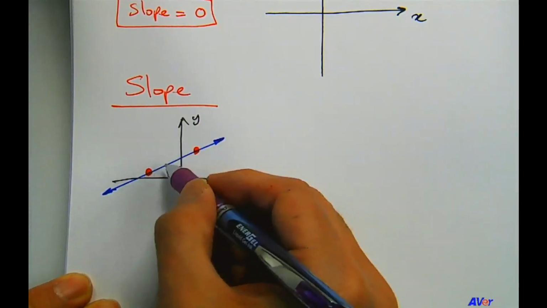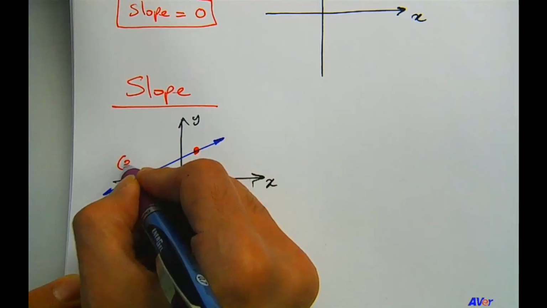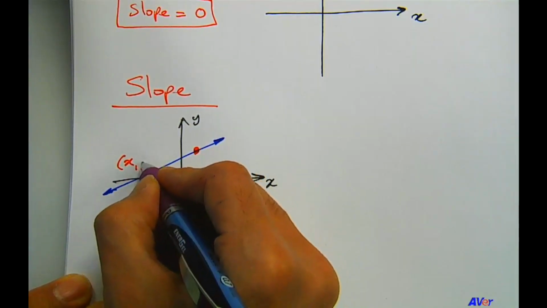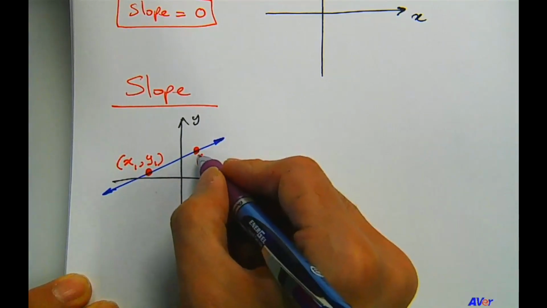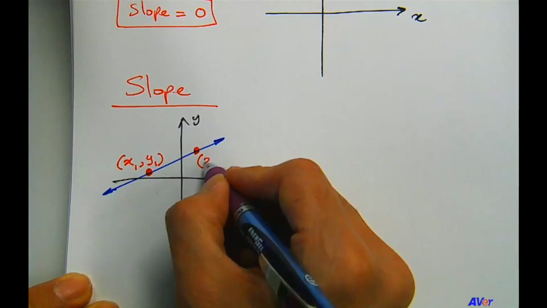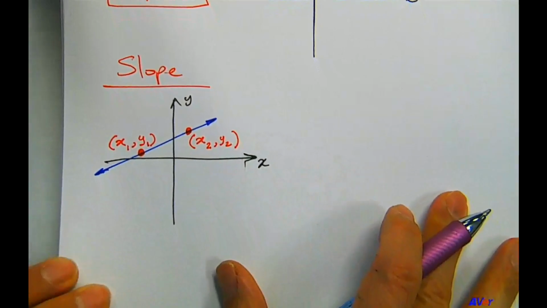Let's give these 2 points general coordinates. So this point has coordinates x1, y1. And I'm going to label the coordinates for this point as x2, y2.